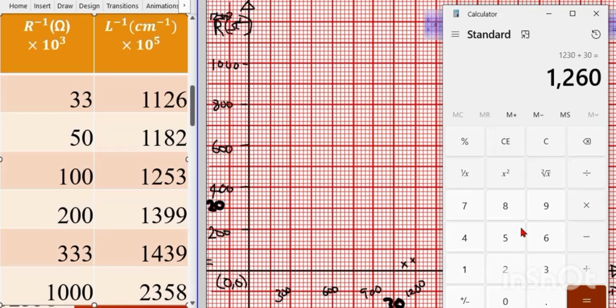1260 minus 1253. We are coming back because this one is already above this. That's 7. 7 out of 30 is not really right on.